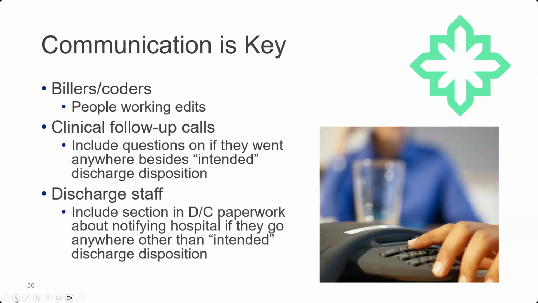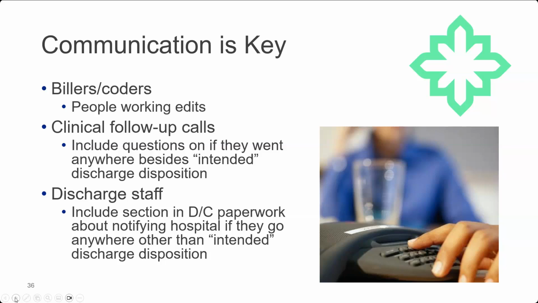Because if you just say, call our facility, the person answering the phone may not know where to send that patient. So you should have some internal policies and procedures worked out in your facility to help with this.